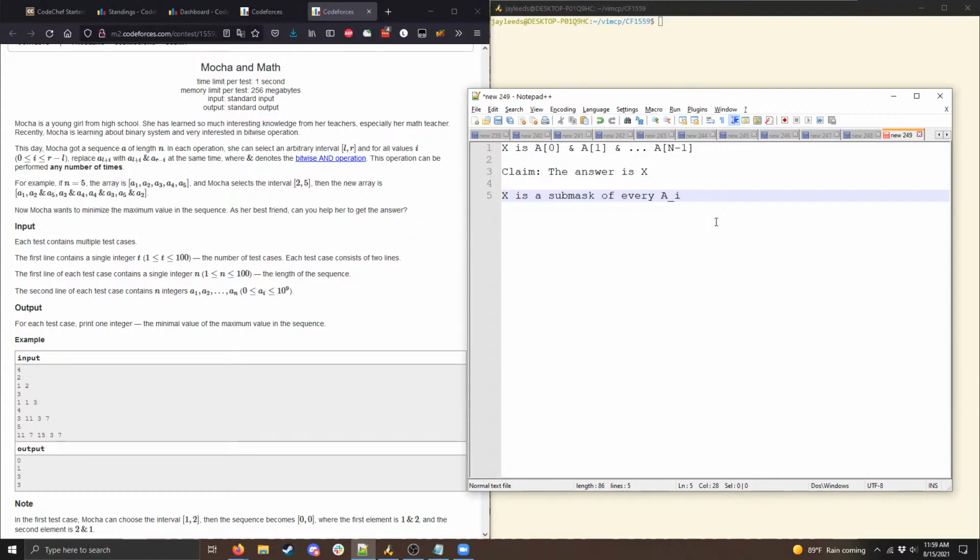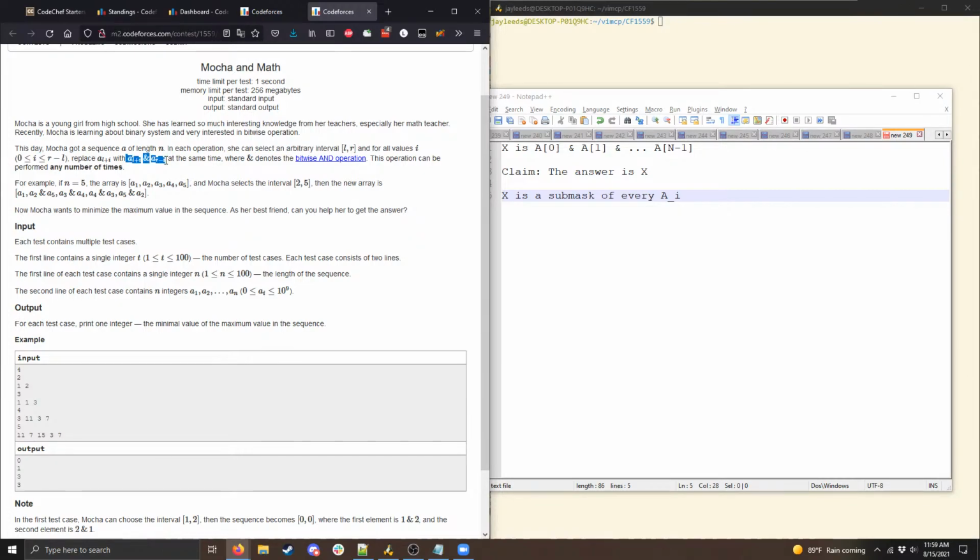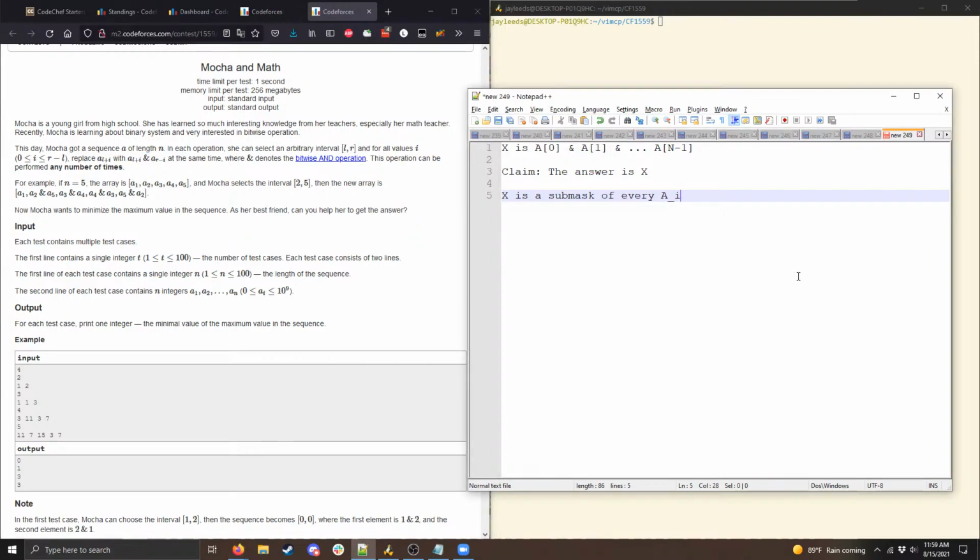And so the result is that whenever we replace this element with this element, x is going to be a submask of both of these. And so that means that x is going to be a submask of this. Essentially, this never changes when we perform an operation.